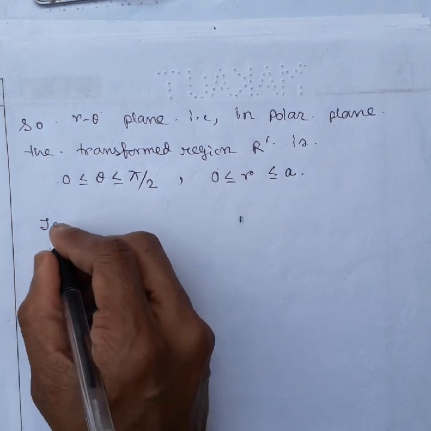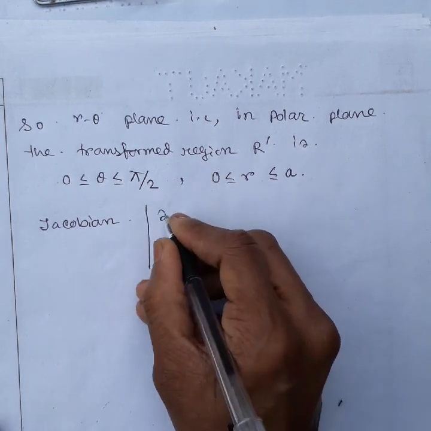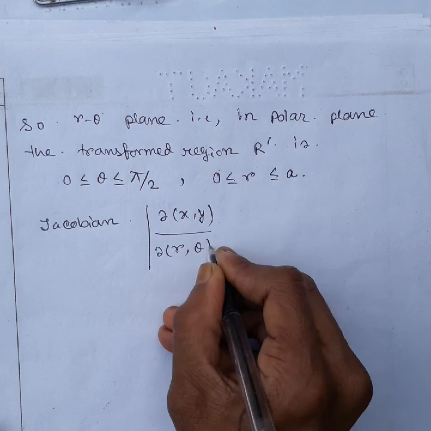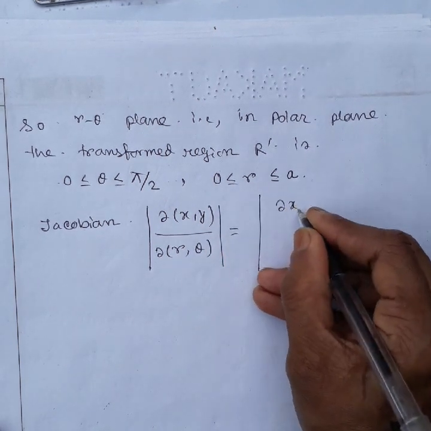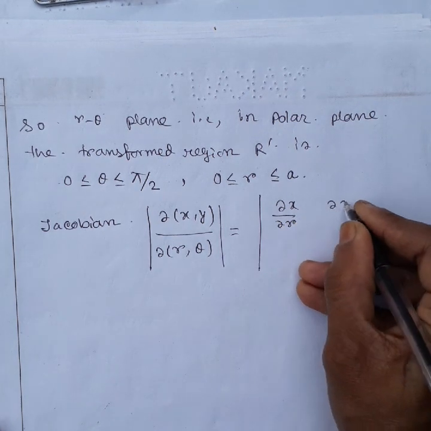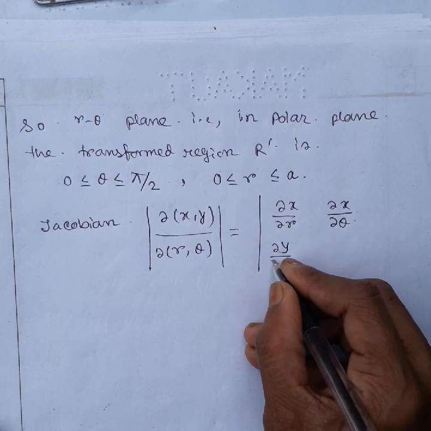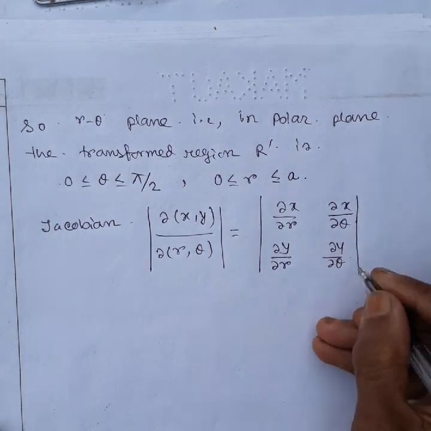Okay, and the Jacobian del xy by del r theta is the determinant of del x del r, del x del theta, del y del r, del y del theta.